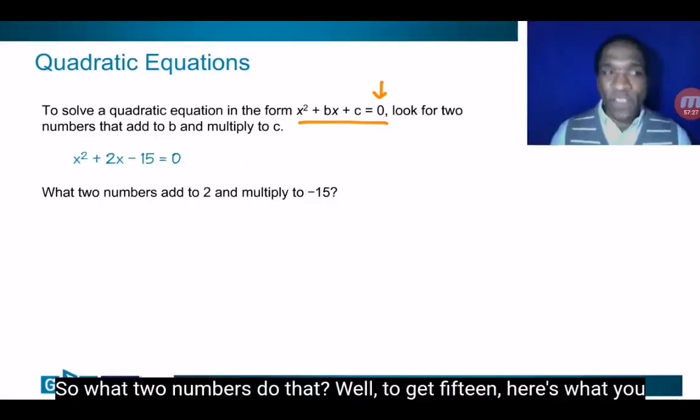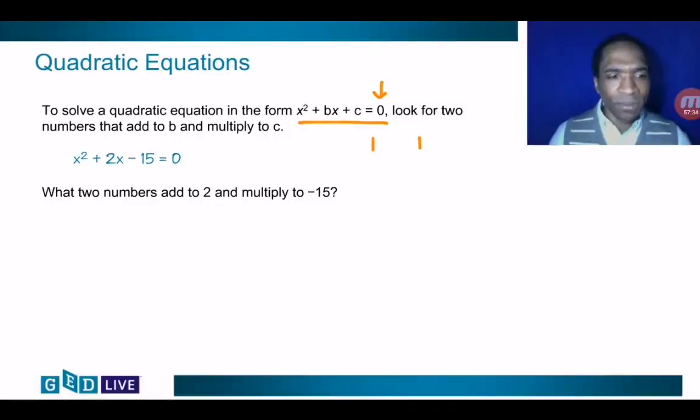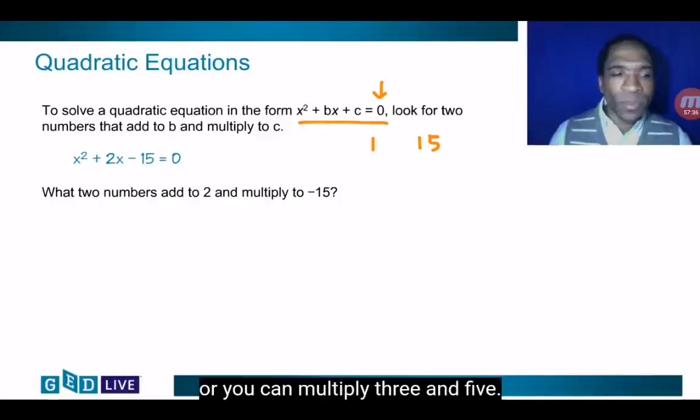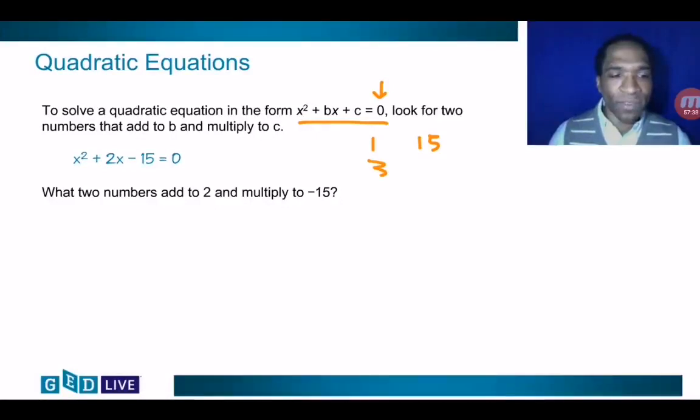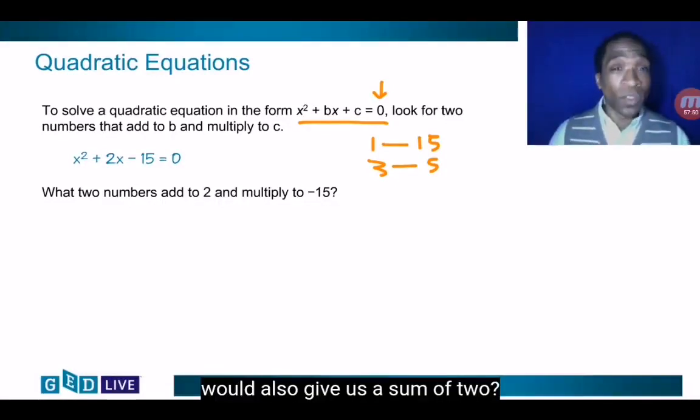Well, to get to 15, here's what you can think with integers. You can multiply 1 and 15, or you can multiply 3 and 5. That would be it. So the question is, which of those two, if we're getting a negative 15, would also give us a sum of 2?